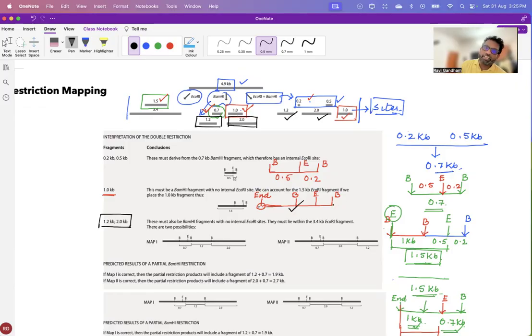Now, probably we have something like this, that at the end of this BamHI site, we can add these two fragments of, let us say, 1.2 kb and 2 kb here, to see that, okay, if at all we digest the entire 4.9, just because the BamHI site is present here, this is a BamHI site and this is a BamHI site. Now you can have a 1.2 kb here and a 2 kb here, and everything falls in place as far as the rest of the fragments are concerned.